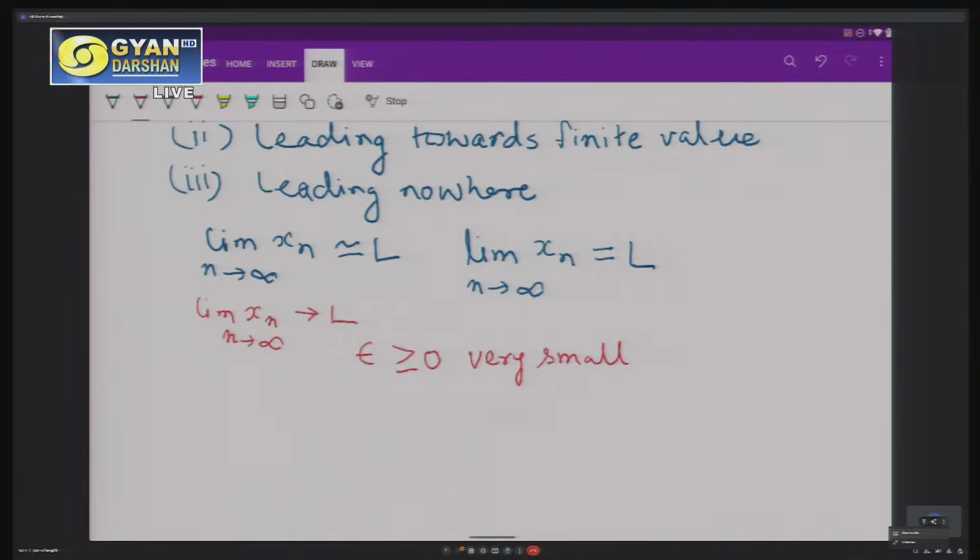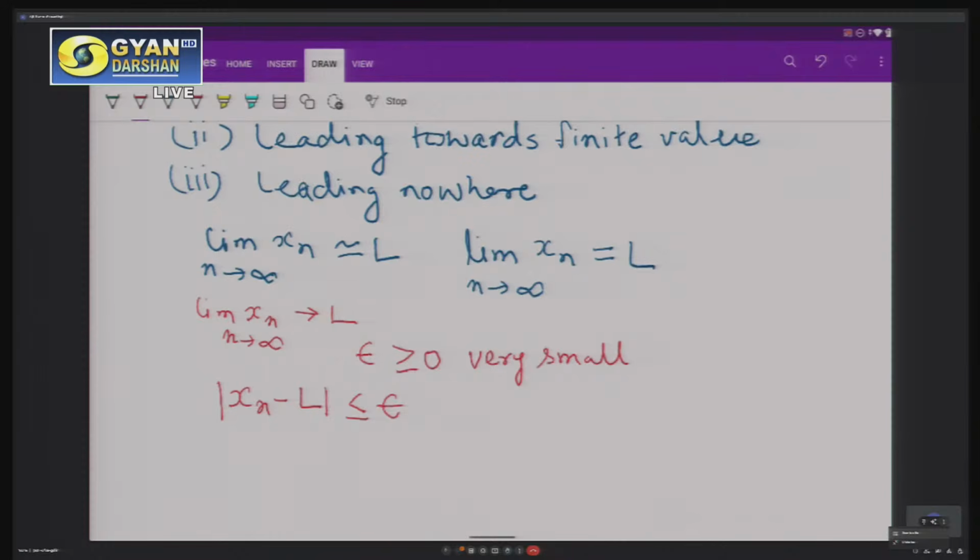In that case, the error, that is xn minus L, let us take the mod, the difference between xn and L will be less than or equal to epsilon.